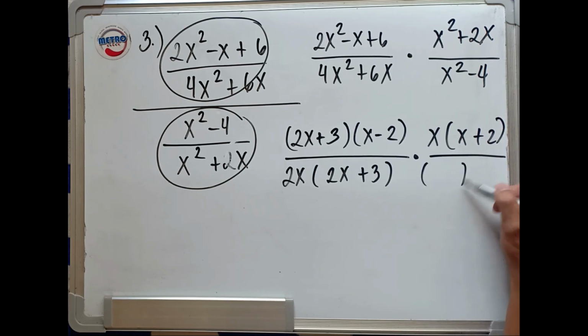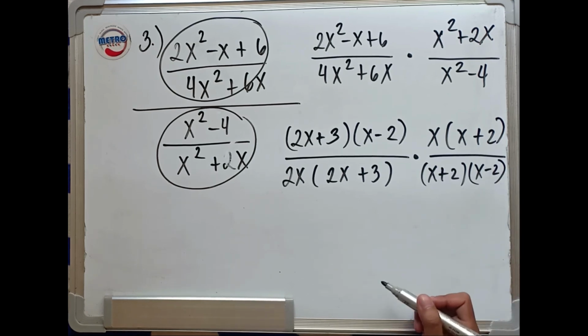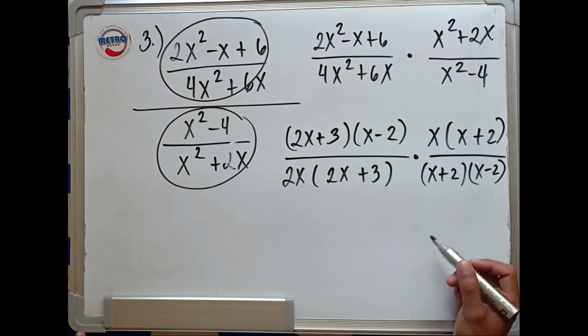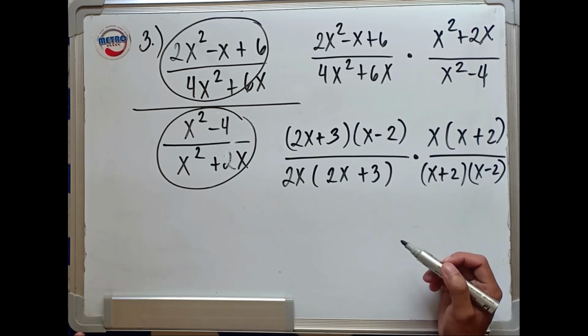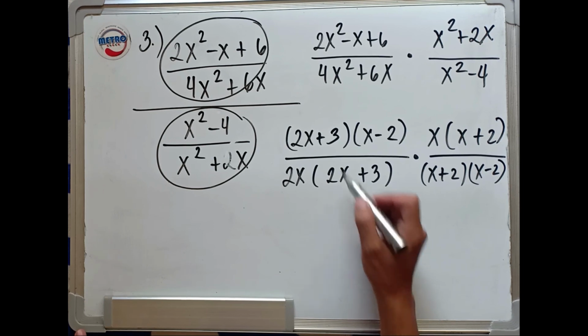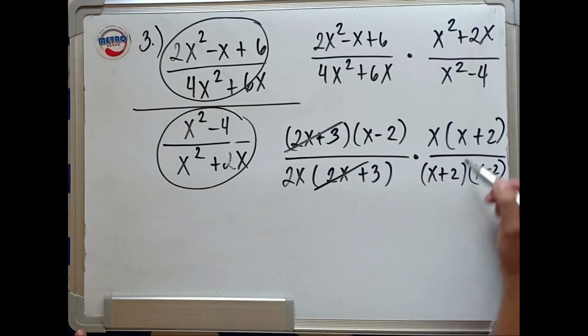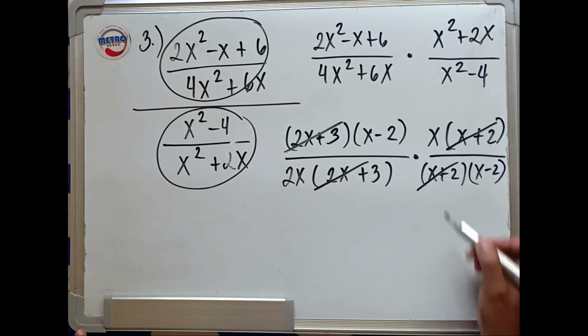So the factors of that will be x times x, positive 2 and negative 2. Then if you see common factors on this numerator and this denominator, then we can cancel those factors, like 2x plus 3, x plus 2, and x minus 2.